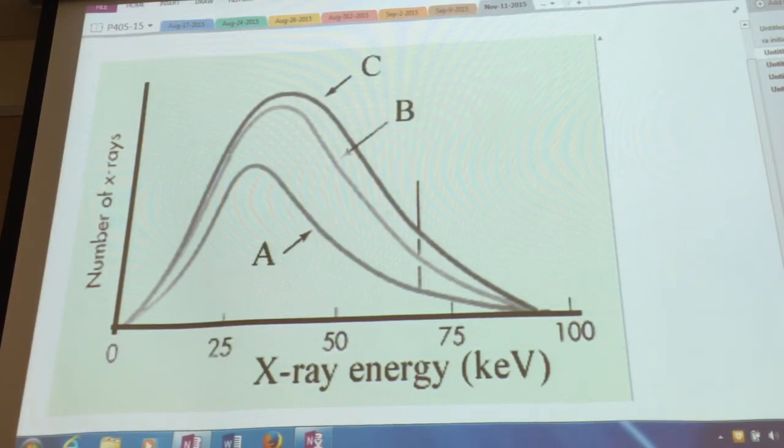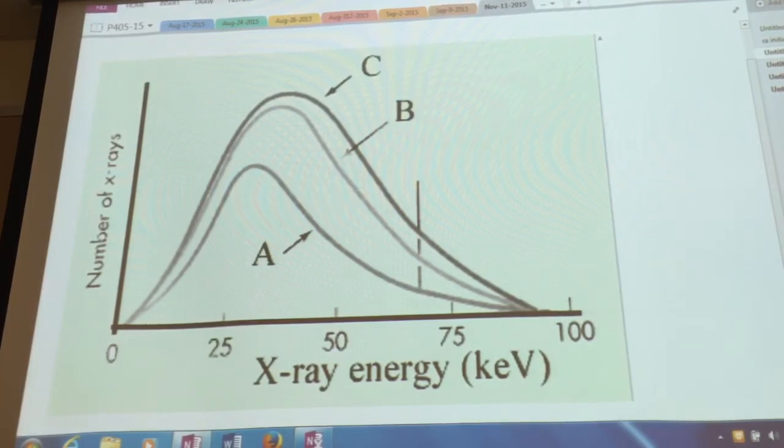Okay. So smaller MAS is associated with A, less photons. So A has fewer photons and lower average energy. B has more photons and a higher average energy, and C has more photons still and a slightly higher average energy.